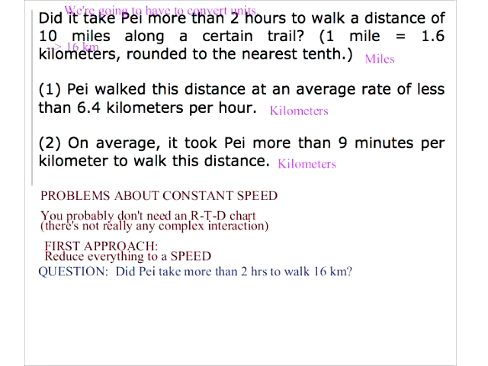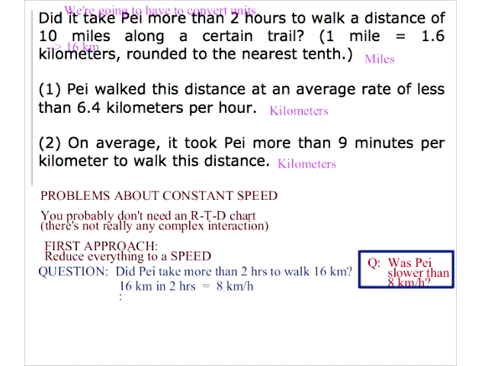It's 8 kilometers per hour, right? So that means the real question is, was Pei slower than 8 kilometers per hour? Because if it took him more time to walk the distance, then that must be slower.